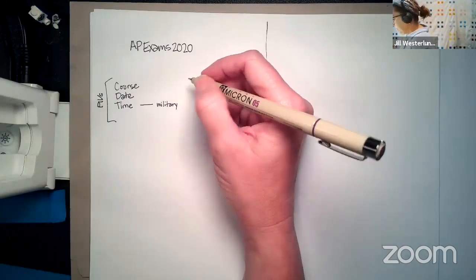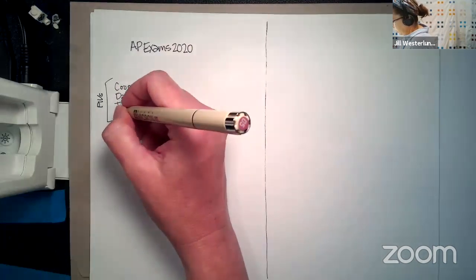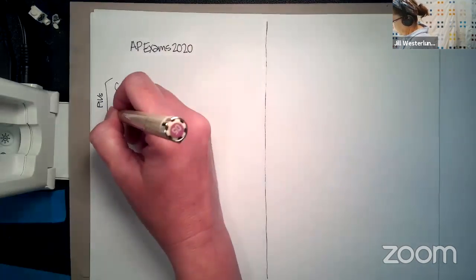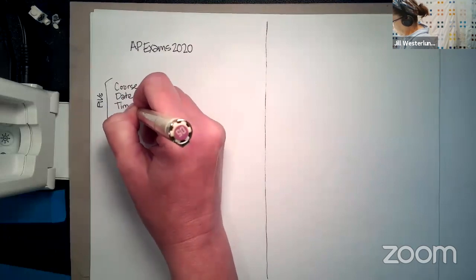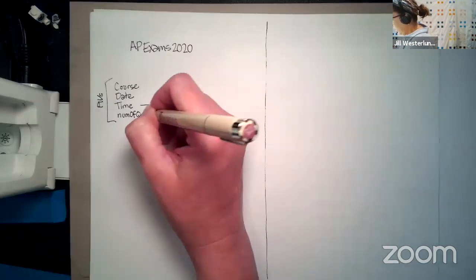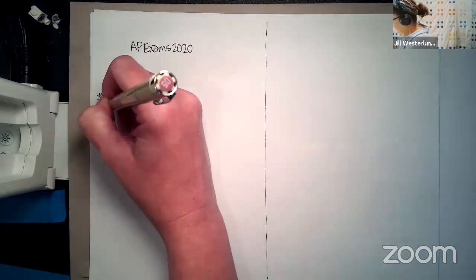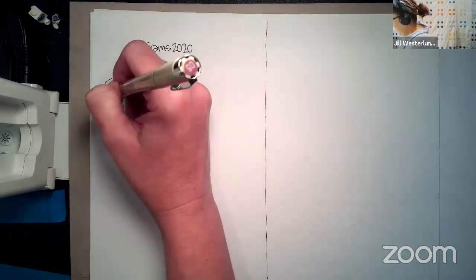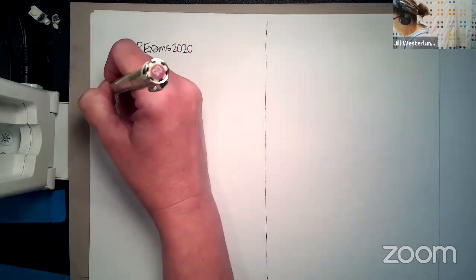So you've got course, you've got date, you've got time. Another one that you could put on here is number of questions, and that could be an int. Time could be an int, date could be a string, course could be a string.